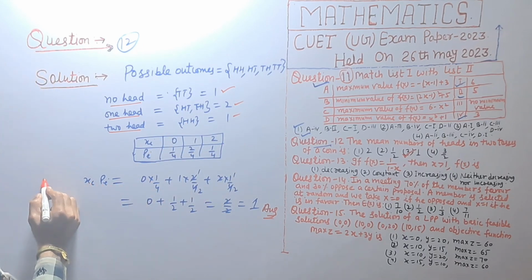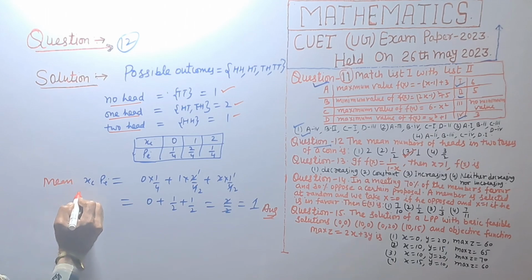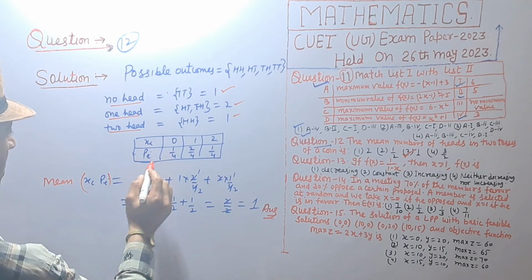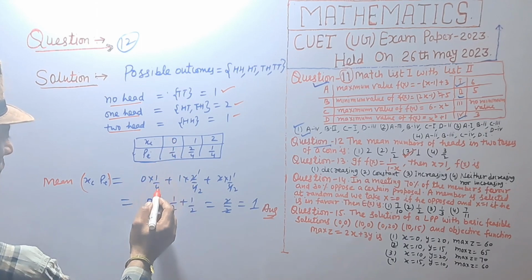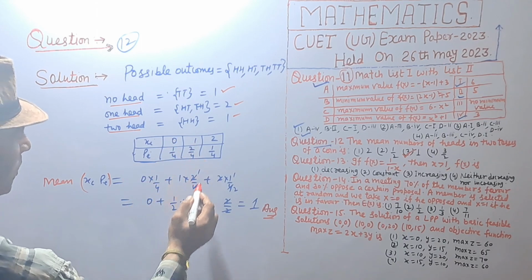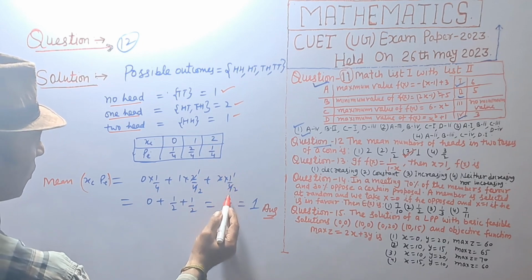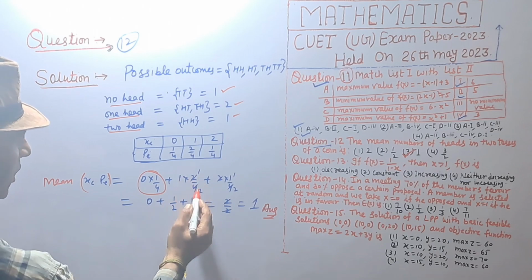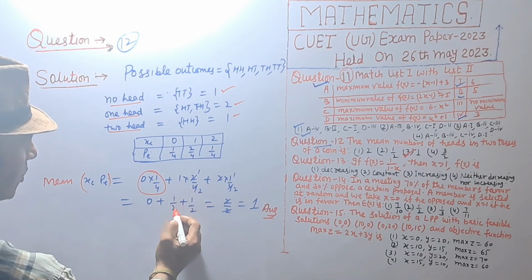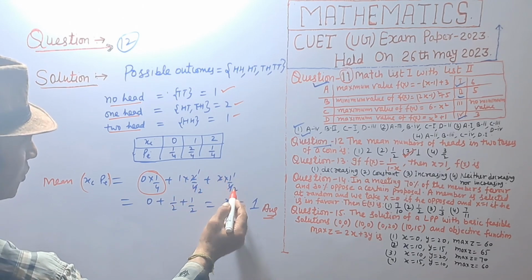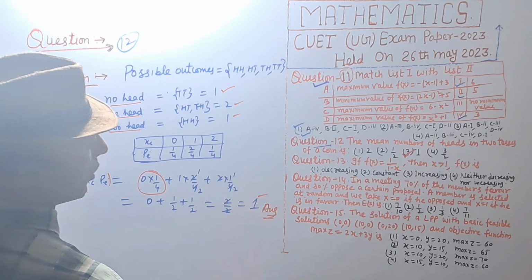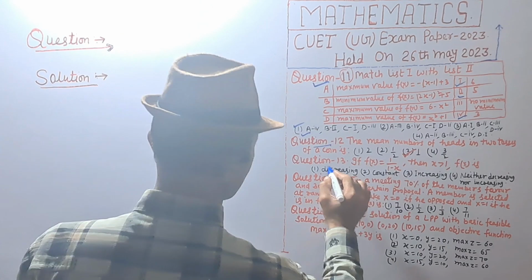Then mean, sum x_i p_i, that is 0 into 1/4 plus 1 into 2/4 plus 2 into 1/4. 0 multiplied by 1/4 is 0. 1 into 1/2, that is 1/2, plus 2 twos are 4, 1/2. Half plus half is equal to 1. Option C is the correct answer.